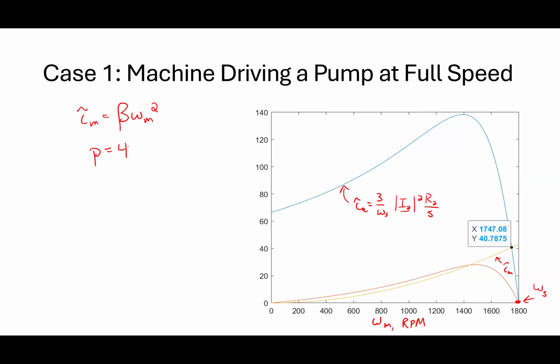Okay. So back to my operating point. This I'm saying is my operating point. Why is that my operating point? What's true at this point right here that I've highlighted? That's where torque electrical equals torque mechanical. So what's true about steady state?